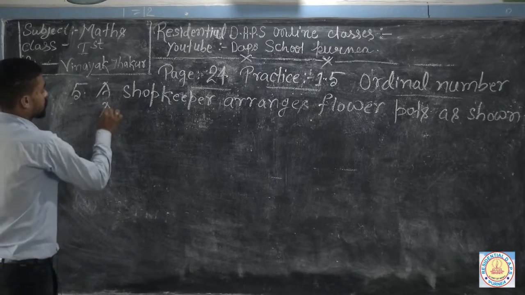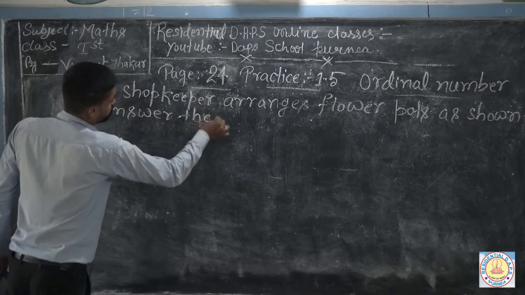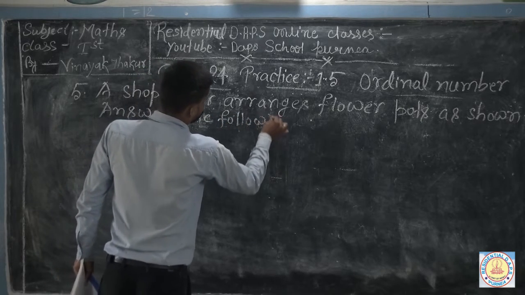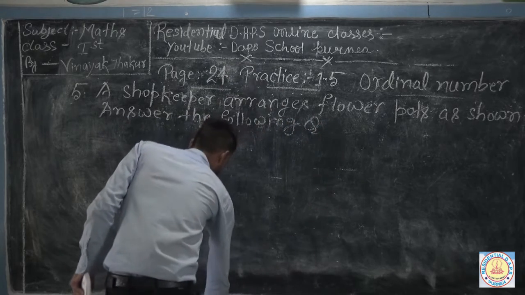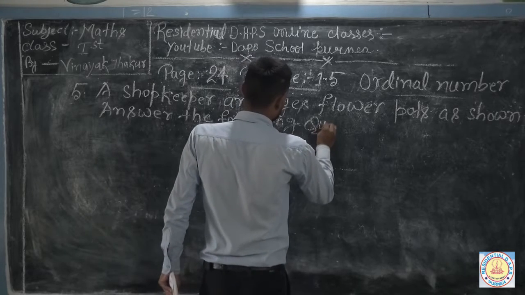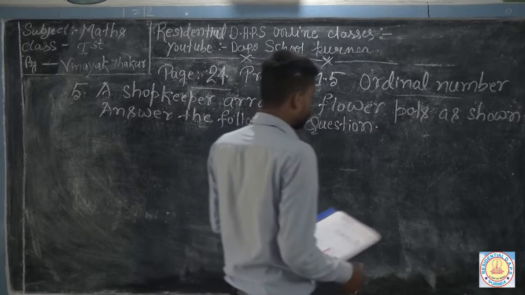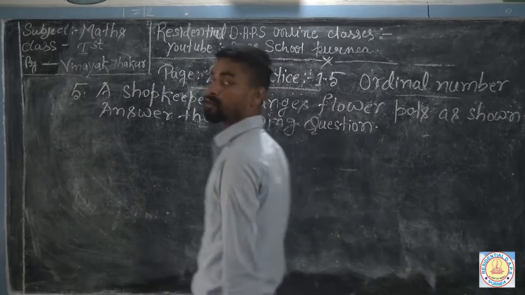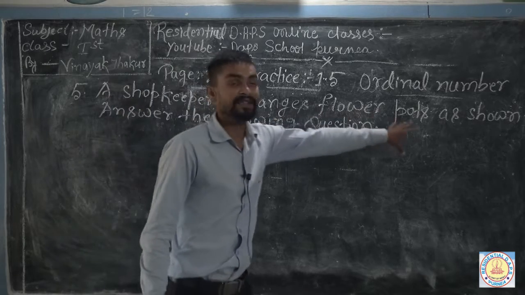Answer the following question. So guys, this is your fifth question, and your fifth question is: a shopkeeper arranges flower pots as shown.